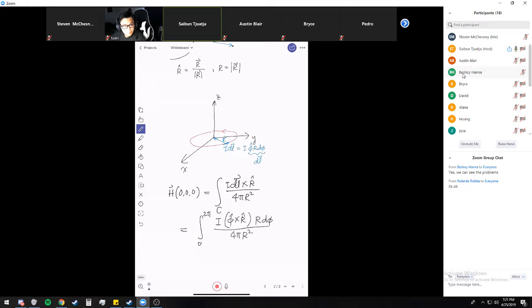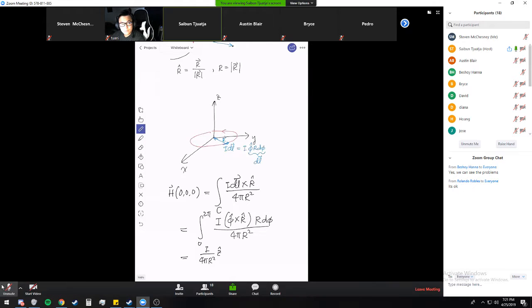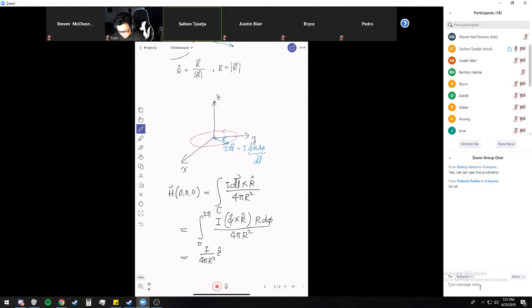And the integration is over phi, so I can pull out everything that's not a function of phi. So I have I over 4 pi r squared. Phi hat cross r hat gives me z hat, right? In the z direction now. And the rest is simply I integrate from 0 to 2 pi d phi.